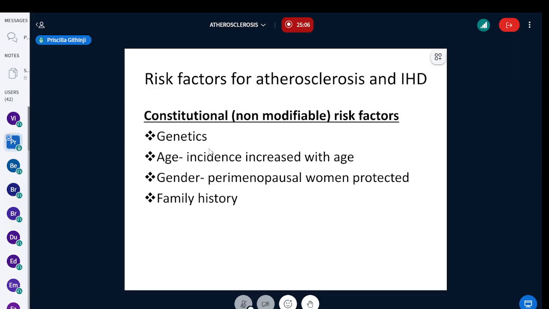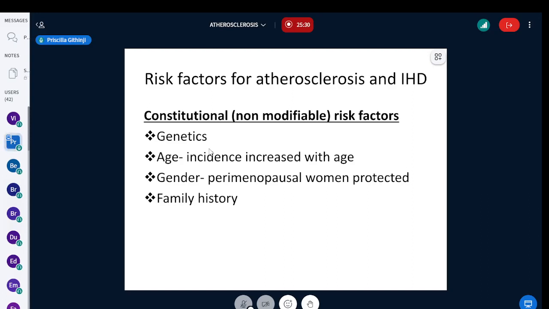For example, genetics, so how you metabolize lipids within your body. Some of these things you inherit or you acquire, and you cannot change them. So you can easily form atheromatous plaques because of how your body deals with lipids.